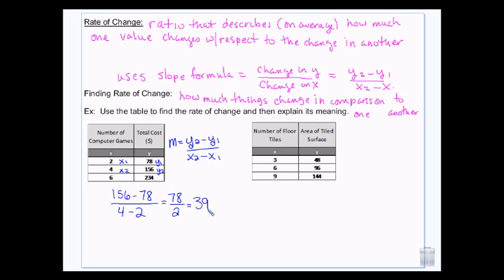To go up each time, so if I said 3 video games, I'd add 39 to the y. Because the y is increasing by 39 with each x. So each game adds $39. That's what the rate of change is.